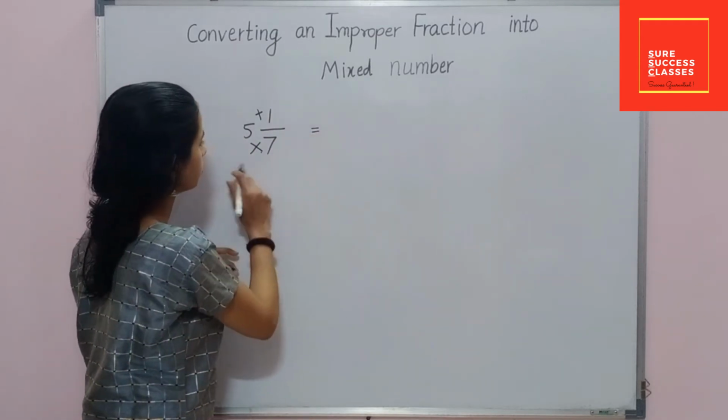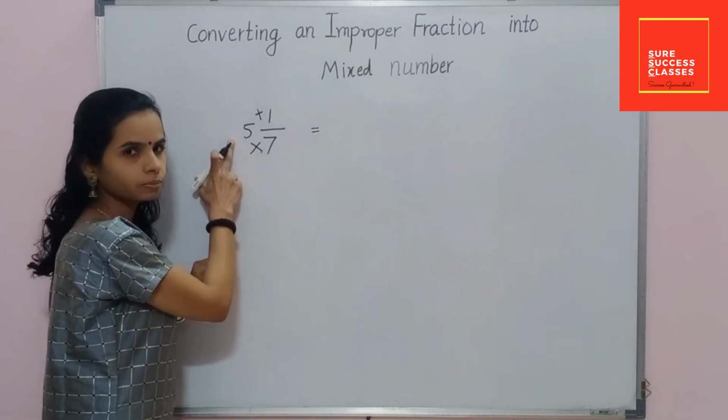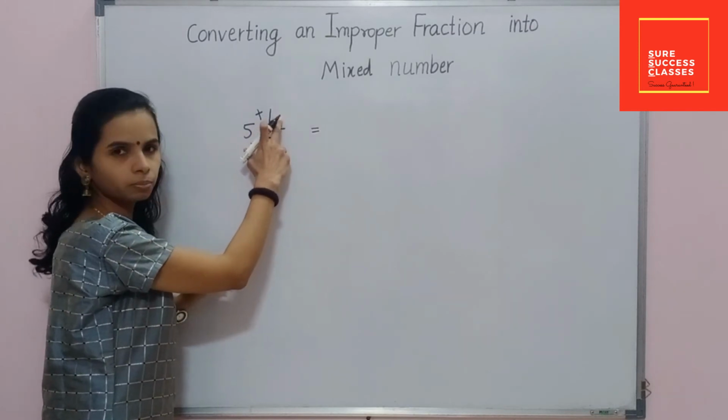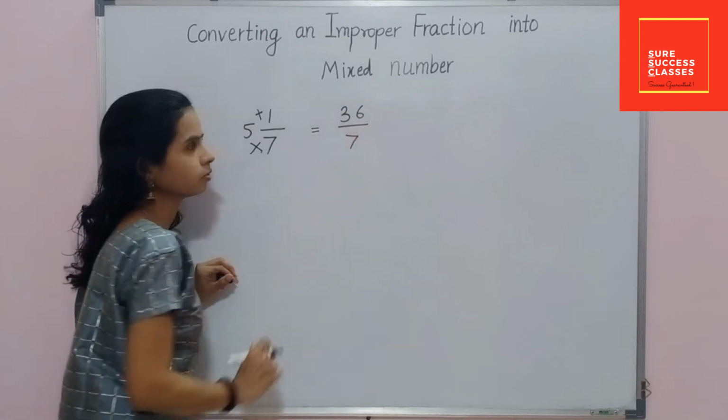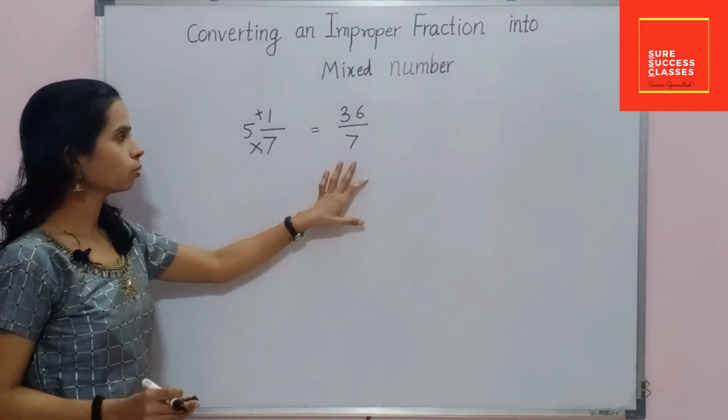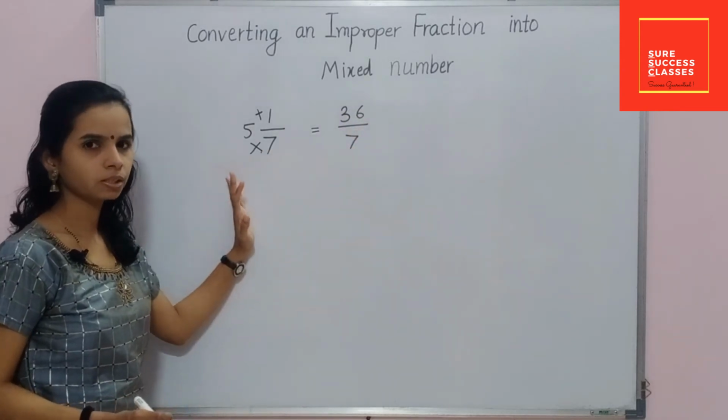So means 7 5s are 35 and plus 1, it will be 36 by 7. This is the improper fraction for this mixed number.